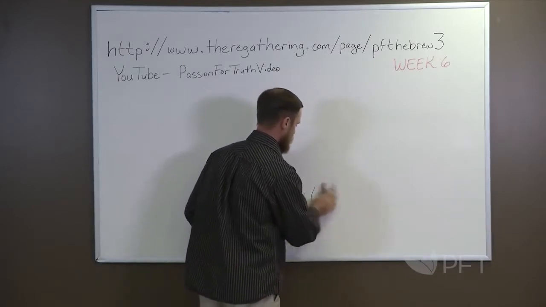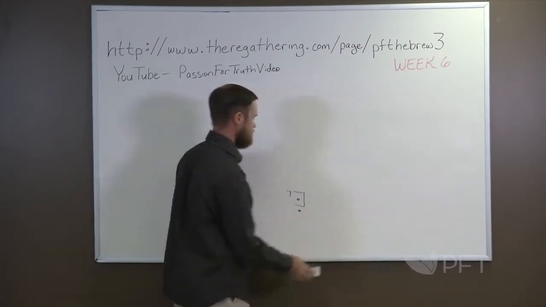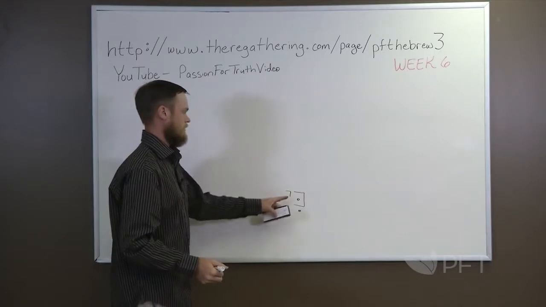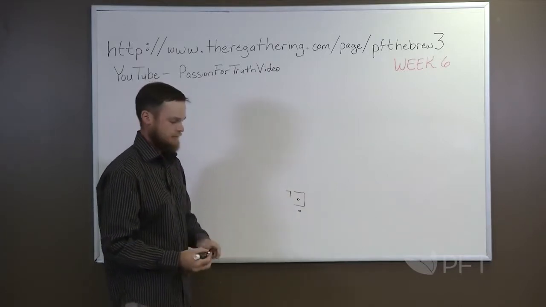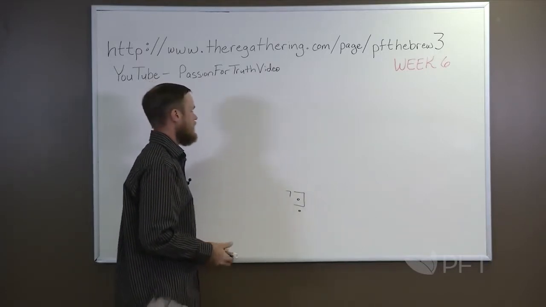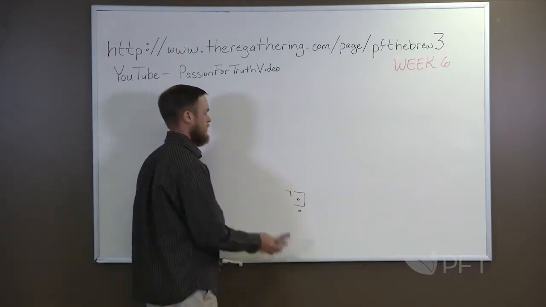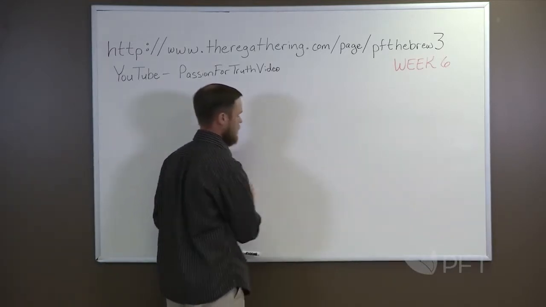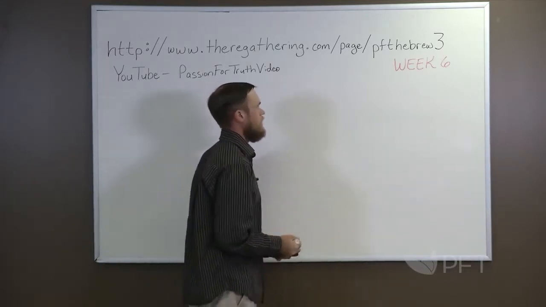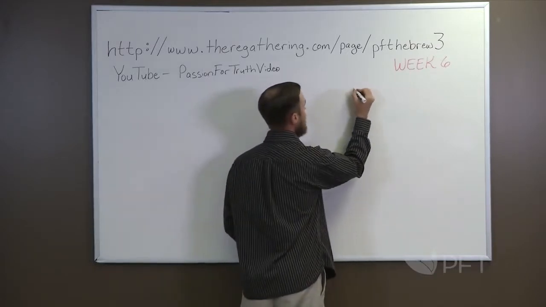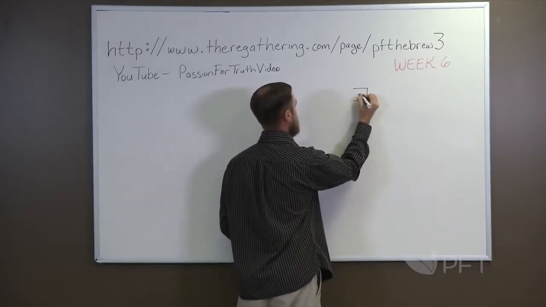And our last conjunction is ki. Okay, Kaf Chirik Yod, ki. Now, ki can also be translated that, but it doesn't mean that in the same way that asher does.